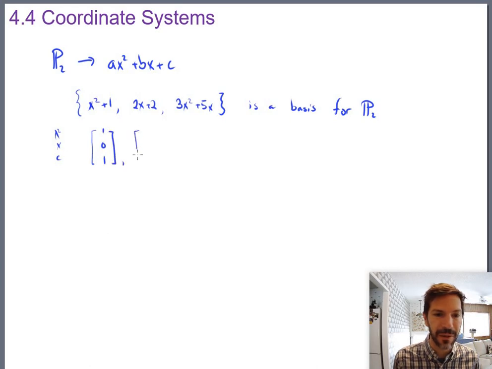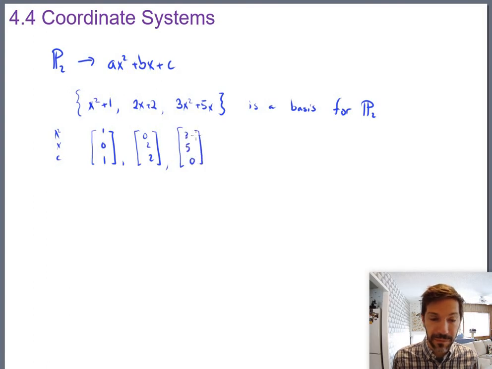The second one is 0, 2, 2. And the third one is 3, 5, 0. And as long as you keep track in your brain of the fact that the top number is the x squared coefficient, the middle number is the x coefficient, and the bottom number is the constant, then you're fine.